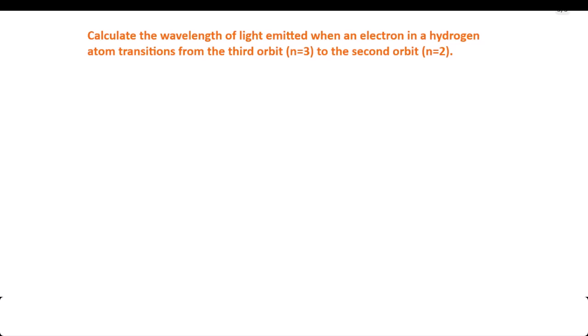Now the next question. Here it says: calculate the wavelength of light emitted when an electron in a hydrogen atom transitions from the third orbit to the second orbit.